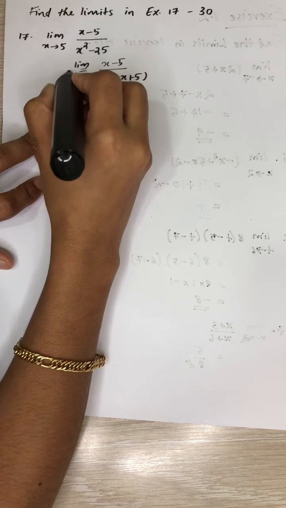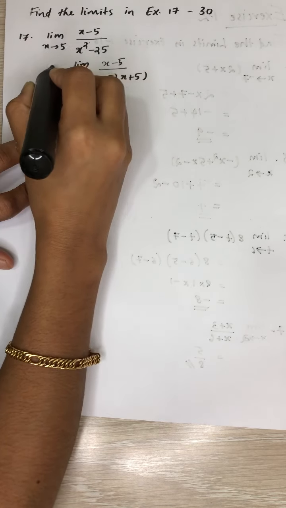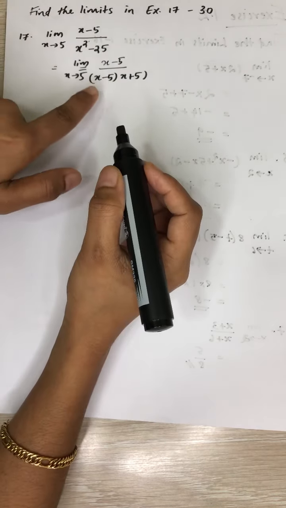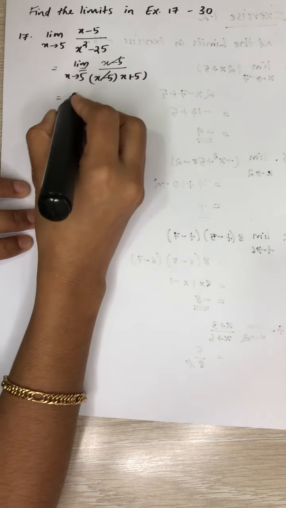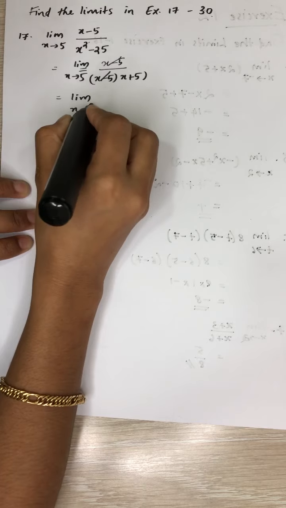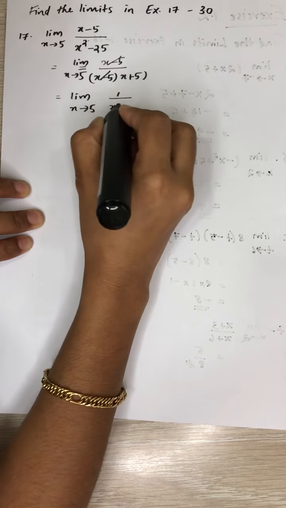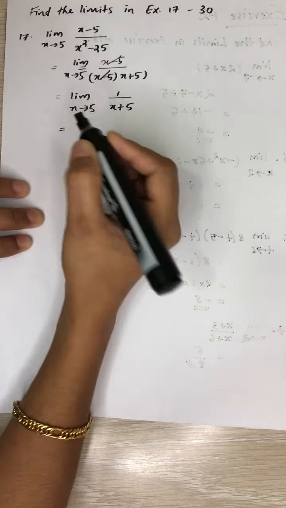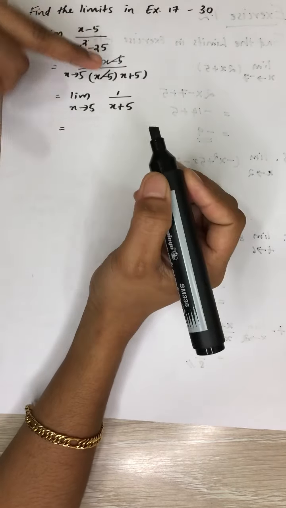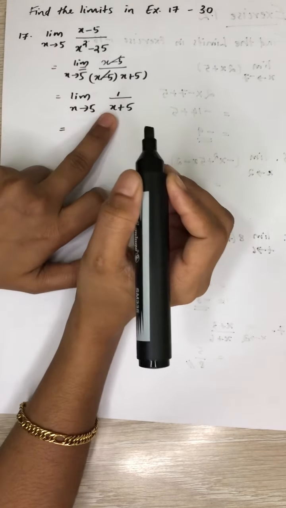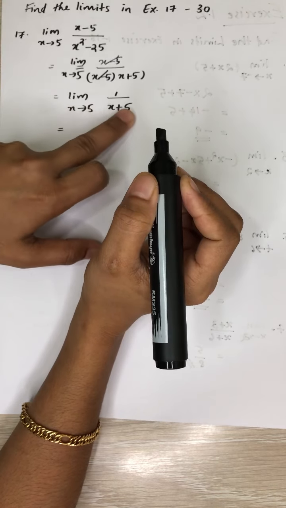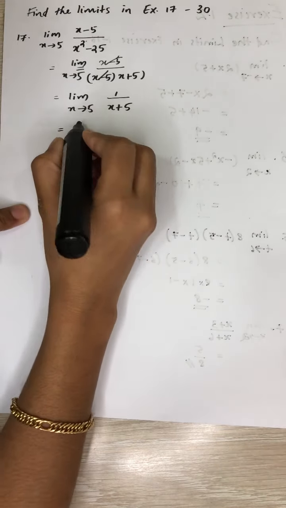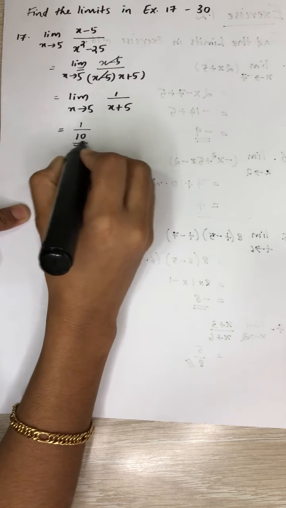Limit x tends to 5, x minus 5 by x minus 5 into x plus 5. This gets cancelled. We get limit x tends to 5, 1 by x plus 5. This is a rational function. Zero denominator we eliminated. So 5 plus 5 is 10. This is 1 by 10.